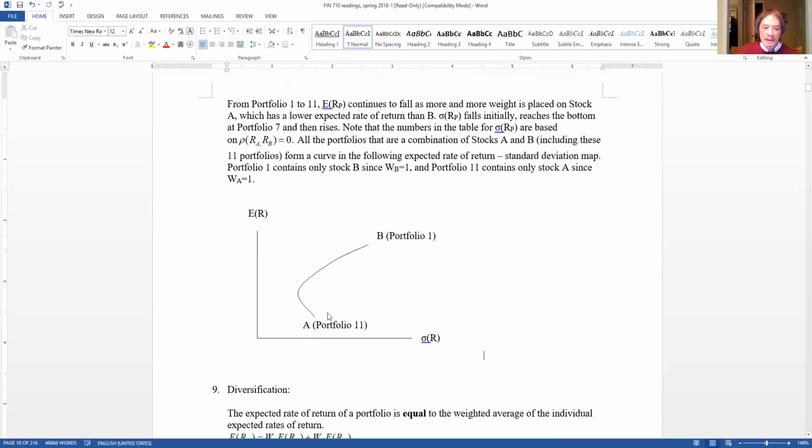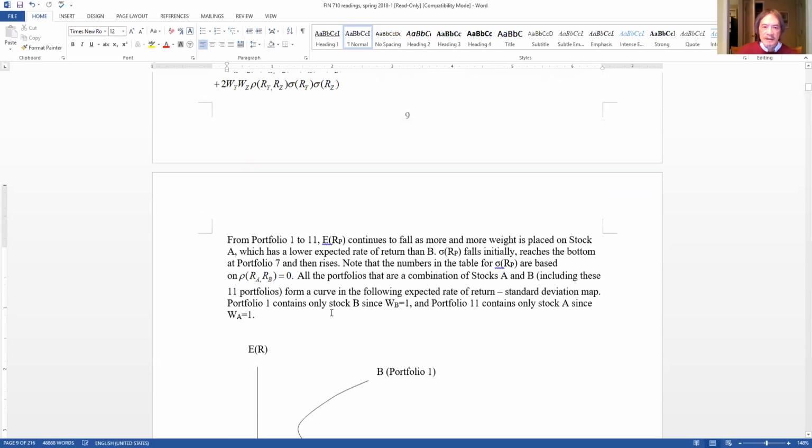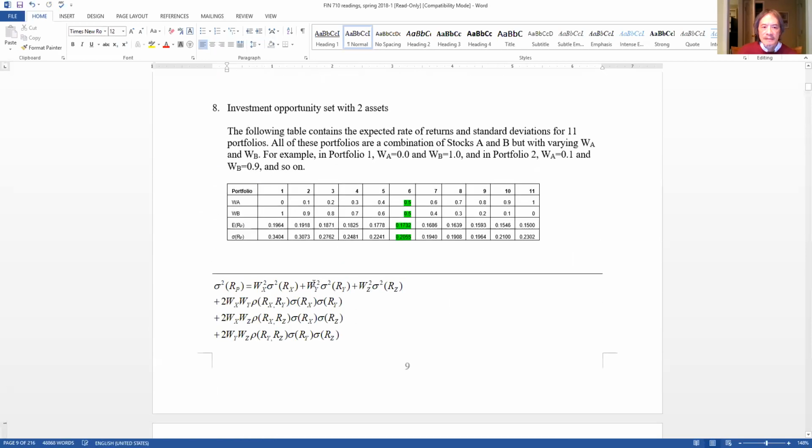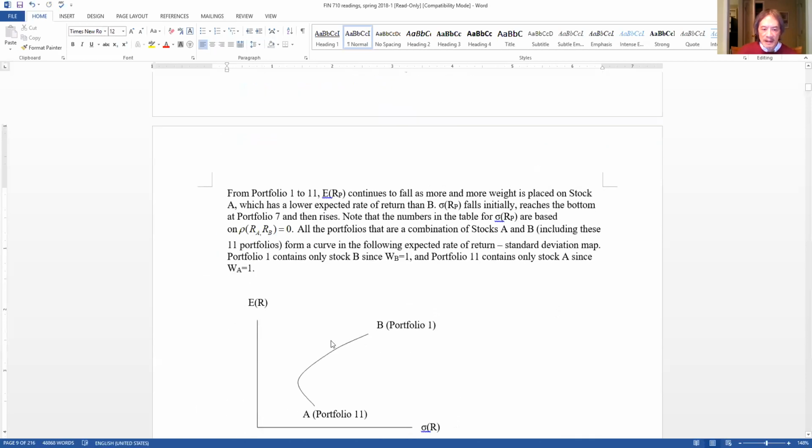So it's interesting that these 11 portfolios will form a curve, not a line, not a straight line, but a curve.